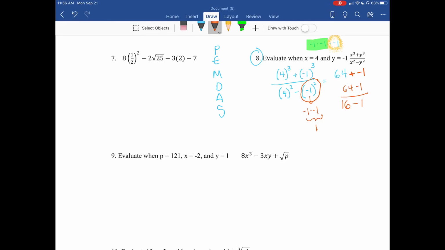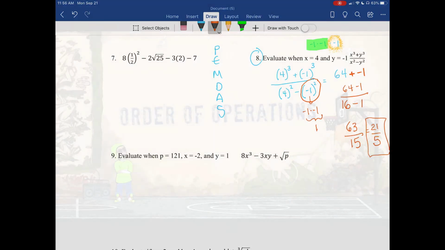That gives us 64 minus 1 is 63 over 16 minus 1 is 15. And I think 63/15 simplifies by a factor of 3. You can put that into Desmos, and we've got 21/5.